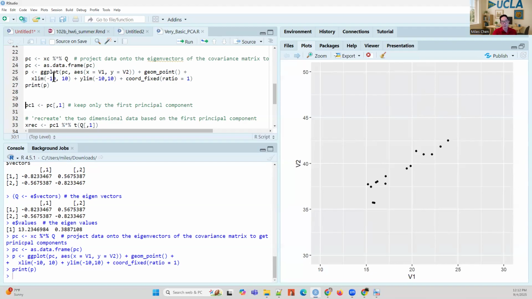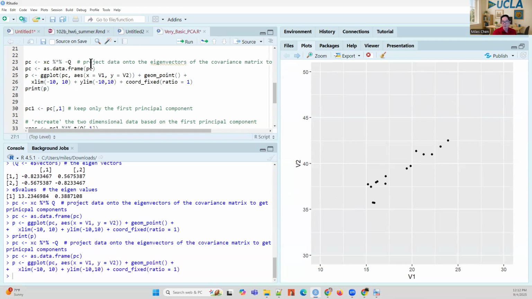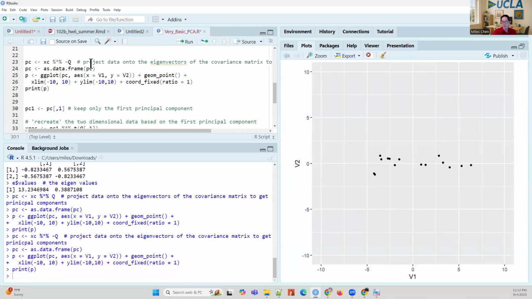Maybe I can multiply everything by -1 so it doesn't look as obvious. Let me just delete this.